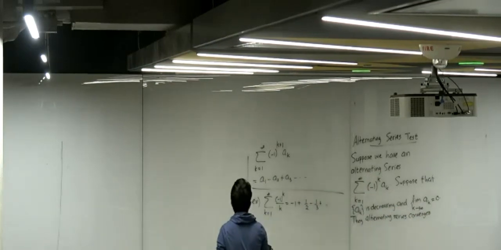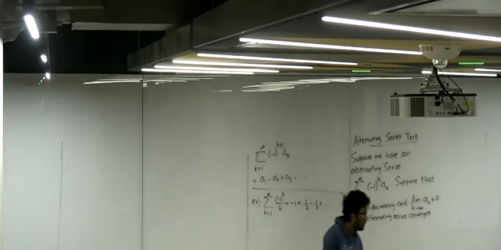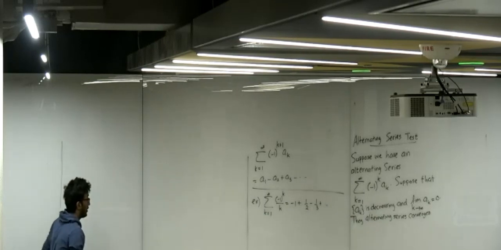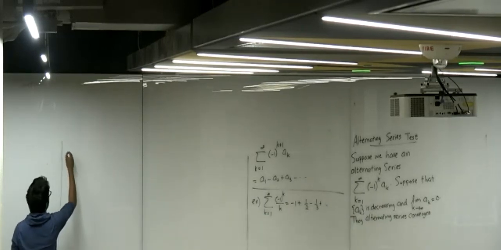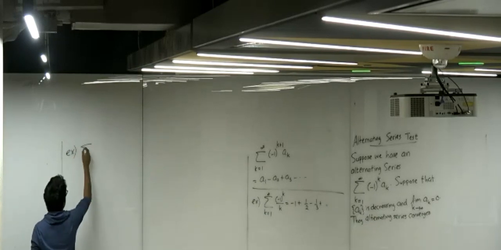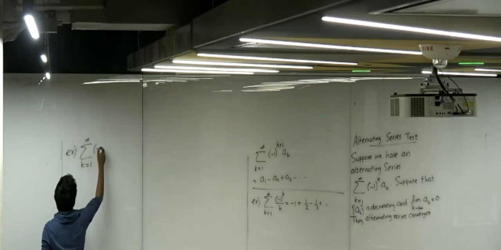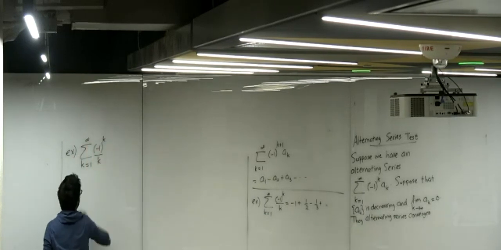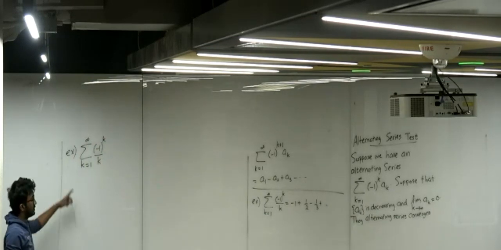Next, I will give you an example. Consider the series given by the summation k goes from 1 to infinity of negative 1 to the power k divided by k. Suppose this is your series.